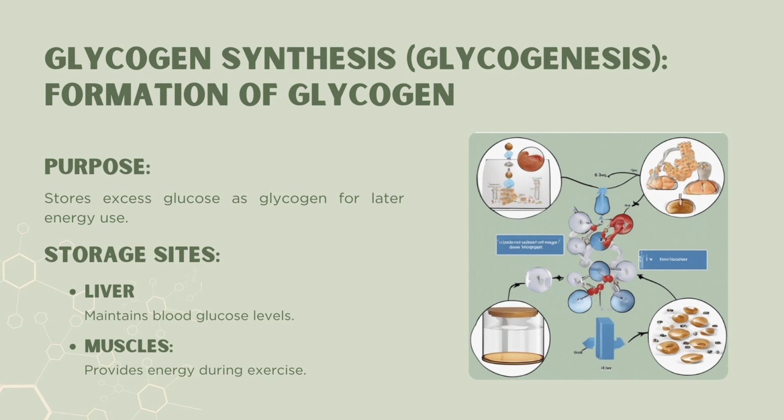It maintains an energy reserve in the body that can be used during periods of low blood sugar or increased energy demand. The main points of glycogen synthesis are, first, the purpose: storing the excess glucose as glycogen, where it can be broken down into glucose when the body needs energy. Secondly, the location where it is stored in the body.